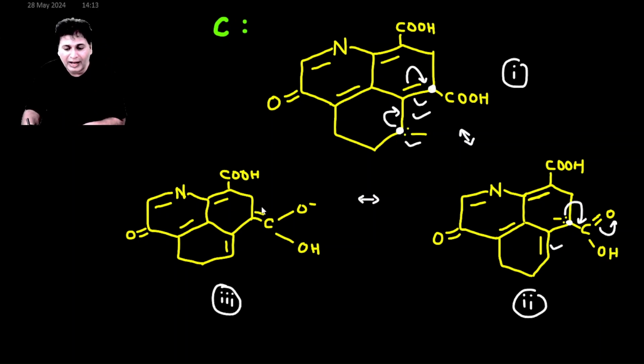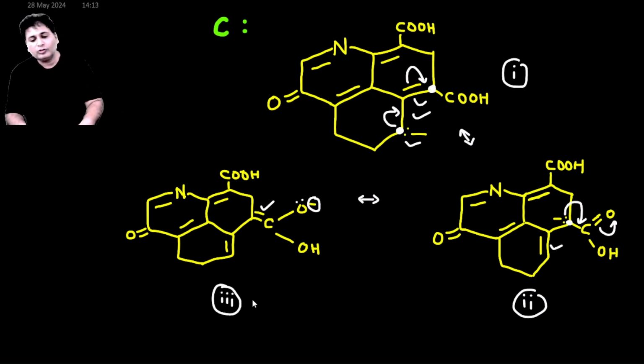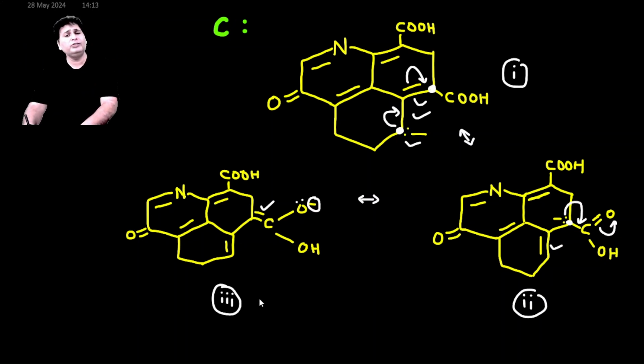A new pi bond has been developed, and the oxygen has got a minus formal charge along with a new lone pair. Okay, so altogether you have seen now there is no possibility left with this anion. You have seen that it is showing delocalization, resonance, and altogether you have created 3 structures.